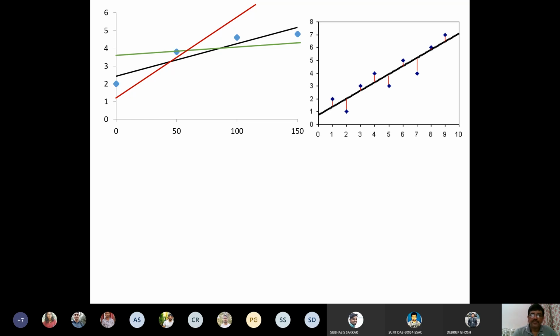In this case, I can draw many lines to represent this data. But which one is the best line? We need to decide. And the best line will be, just see the right side, in the right picture, picture number 2, there are different data points represented in blue.